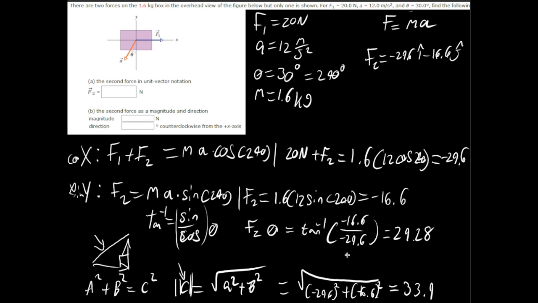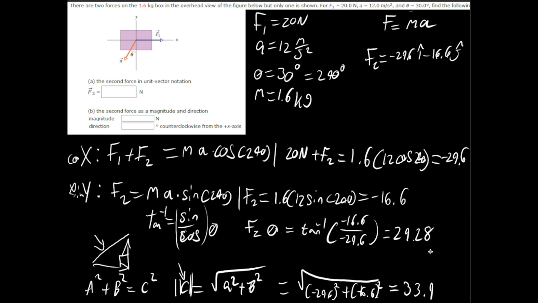But remember that these here are pointing, let's see, we're going from the x-axis. So that's this. And our numbers for sine and cosine here were from here.